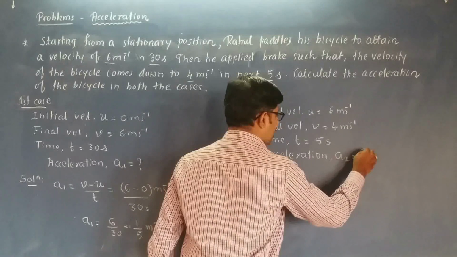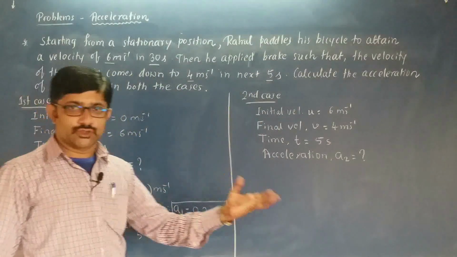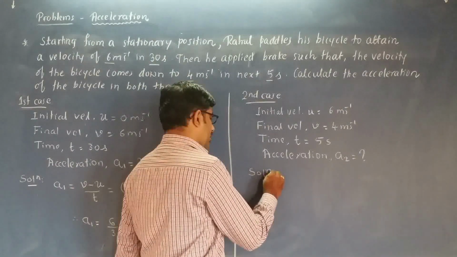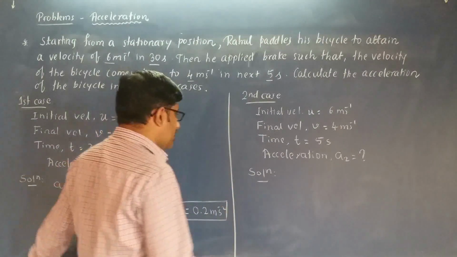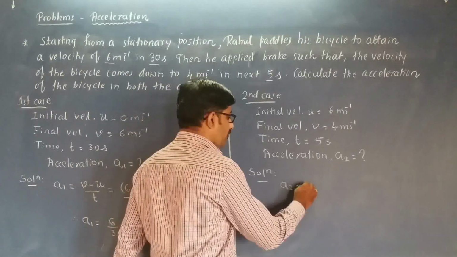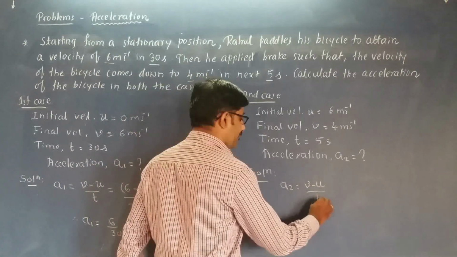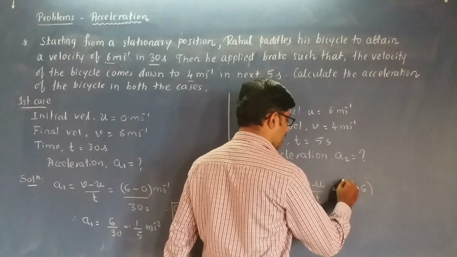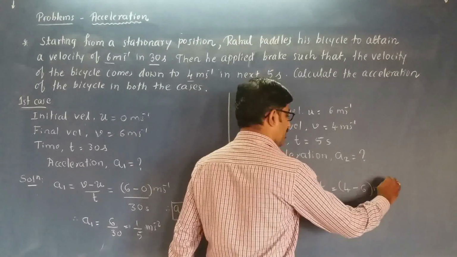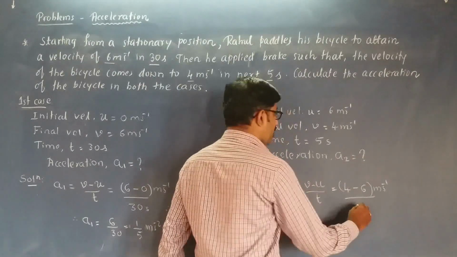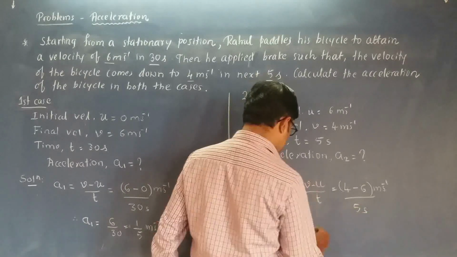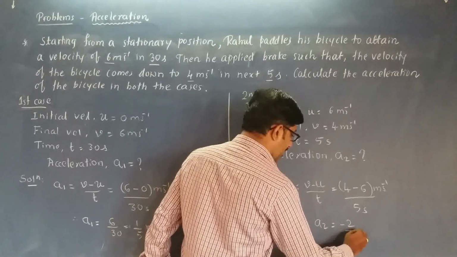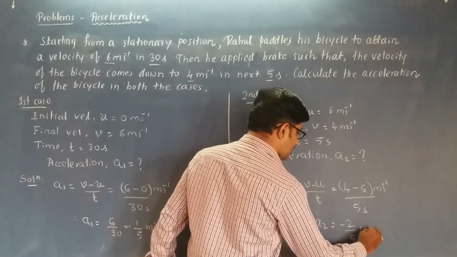And hence acceleration a2 this time. In the second case, a2, the acceleration, is equal to how much? Again, you do the same, a2 is equal to v minus u divided by t. So v is this time 4 meter per second minus 6 meter per second. Take meter per second common, divided by 5 seconds, and hence a2 is equal to minus 2 divided by 5 meter per second square.